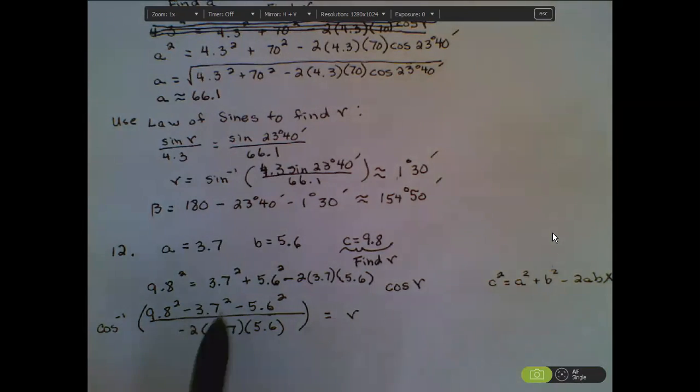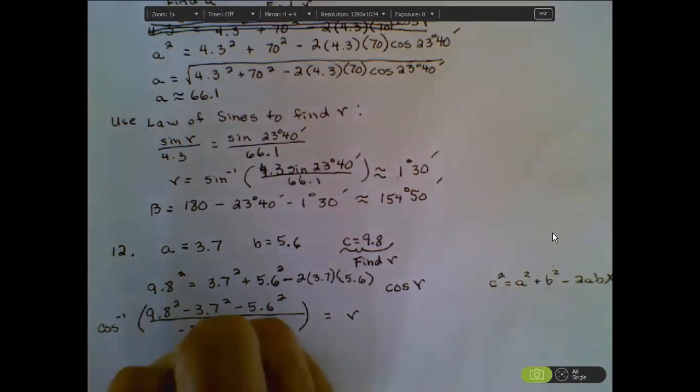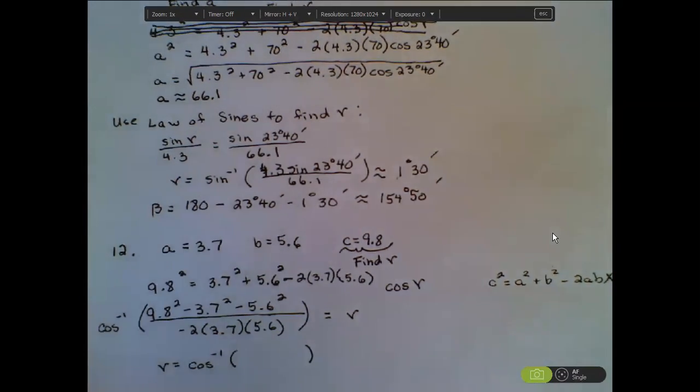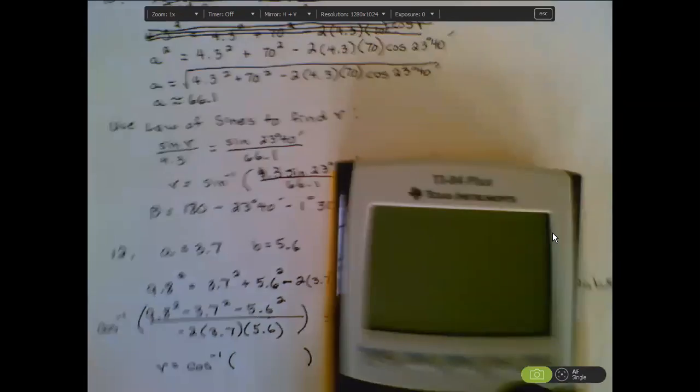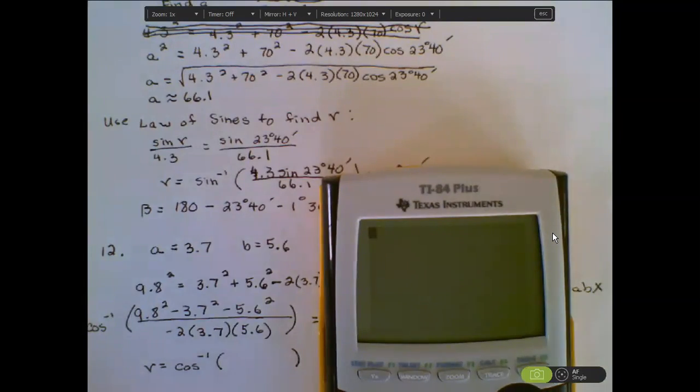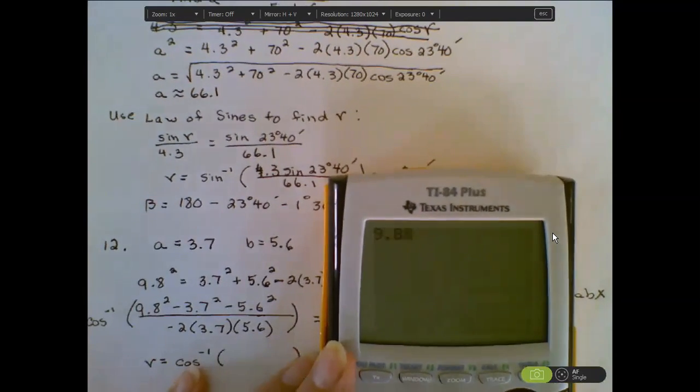Do all of this, hit equals, and then hit inverse cosine. Now, actually, let's see what that expression is. Gamma is the inverse cosine of, let's see what all that turns out to be. (9.8 squared minus 3.7 squared minus 5.6 squared.